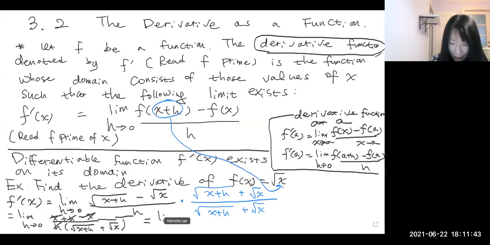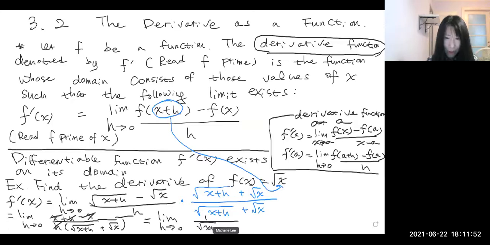So then we have h approach to 0, we have 1 over square root of x plus h plus square root x, right? Now, we can plug in when h approaches to 0 because we are safe, not undefined, okay? So this will be 1 over square root of x plus 0 plus square root of x.